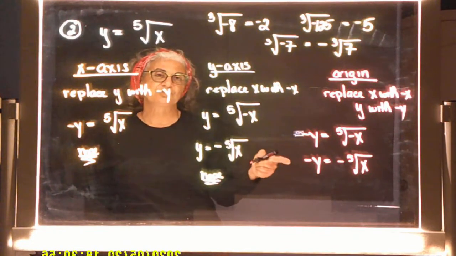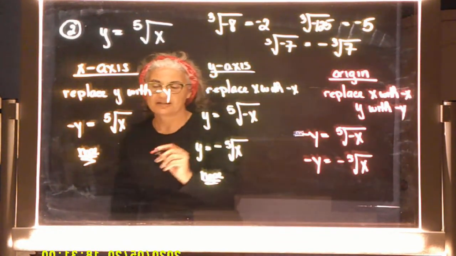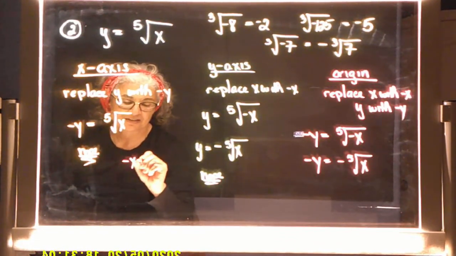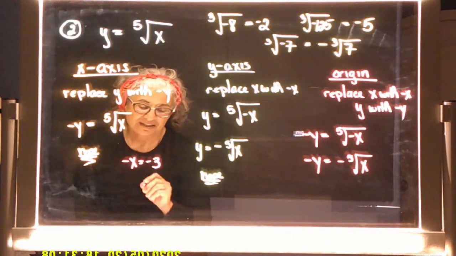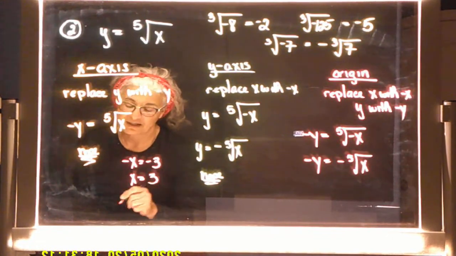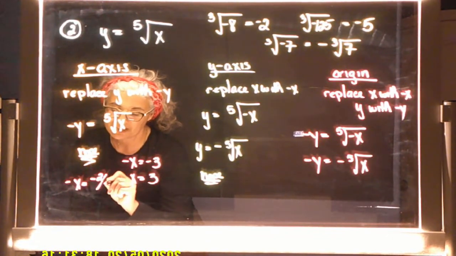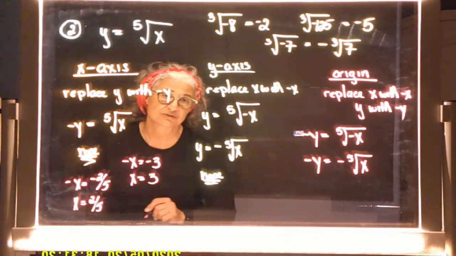Some of you may see that you can, and some of you are like, I'm not sure. So let me sidetrack you again. Come over here to this little end of the world. If you had negative x equaled negative 3, what would you tell me for the next line? Yeah, you would tell me x equaled 3, wouldn't you? If you had negative x equaled negative 2/5, you would say x equaled a positive 2/5, wouldn't you?